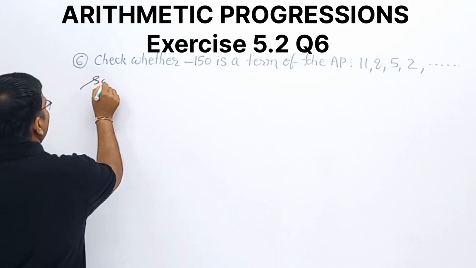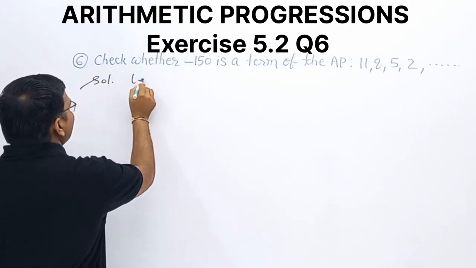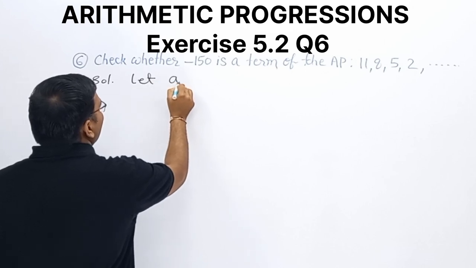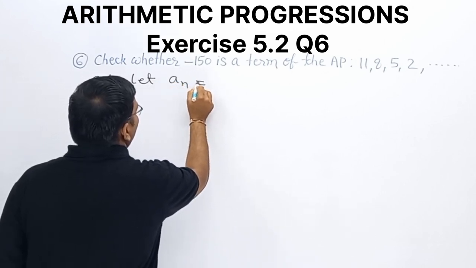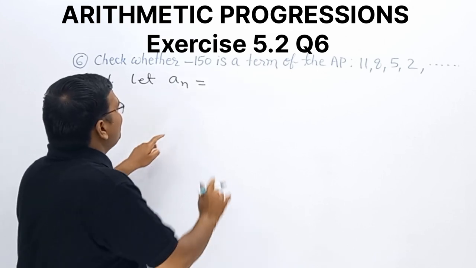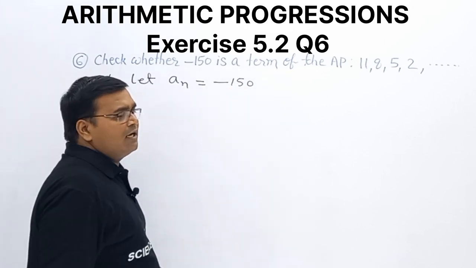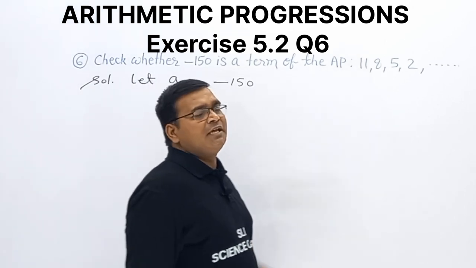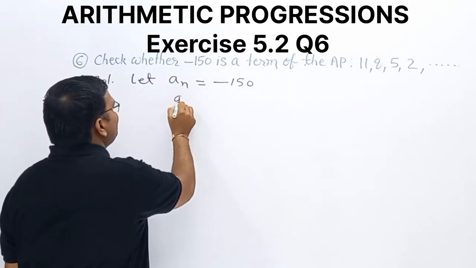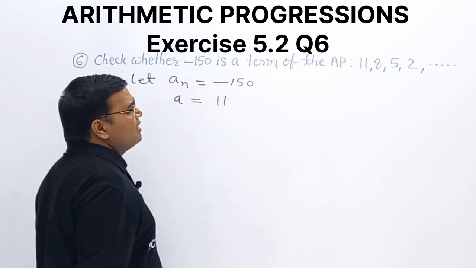Let the nth term of the AP, an, be minus 150. Clear? From this AP, the first term, a, is 11.